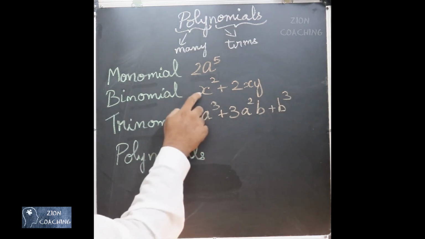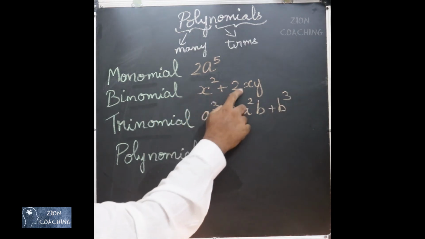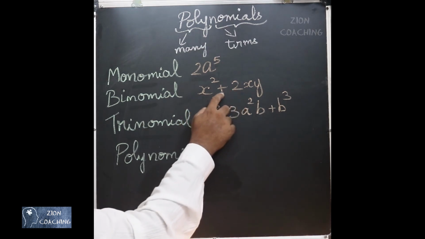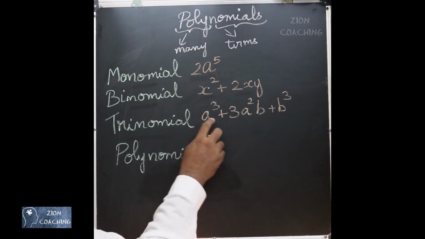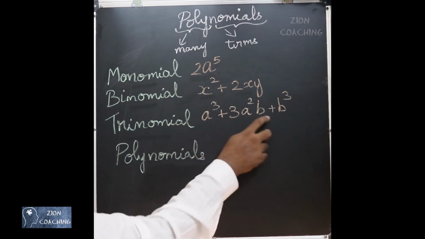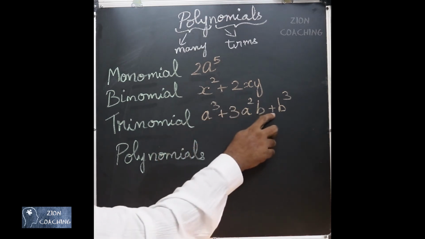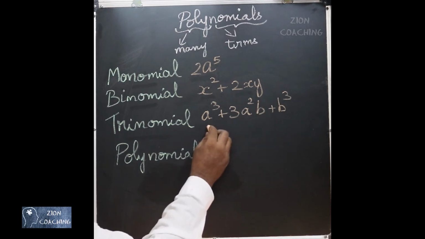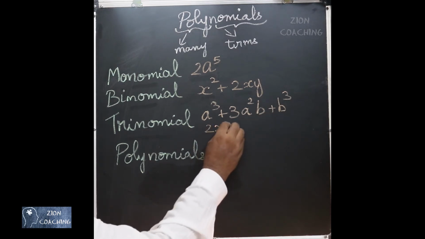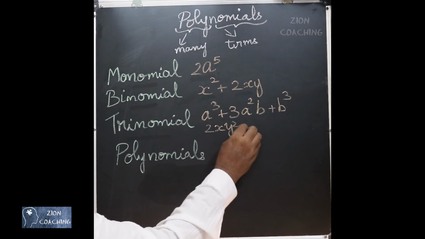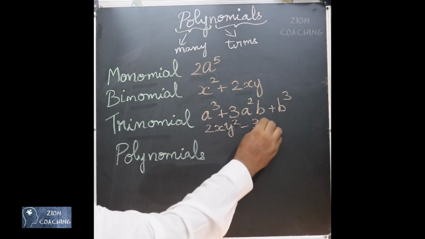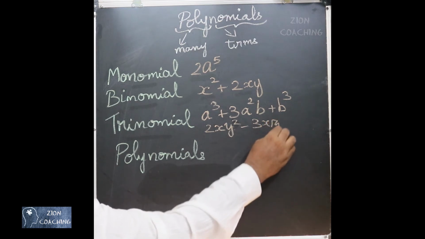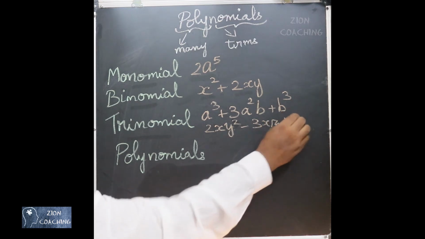Now you can see in the second example, there are two terms separated by a plus symbol. This is one term and this is another term. In a trinomial, there are three terms separated by plus symbols. I will give you one more example. This is also accepted: 2xy squared minus 3xz plus 4.